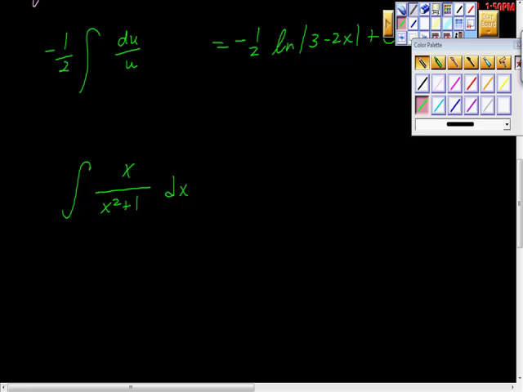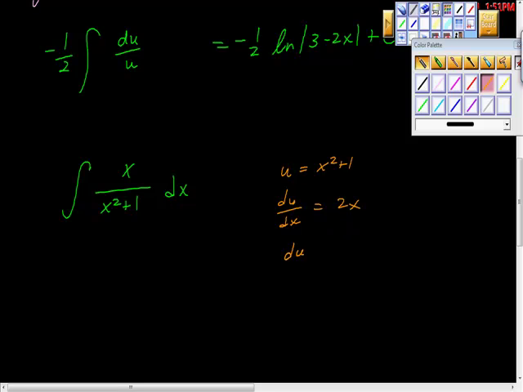I think this one's going to need u substitution here. So what are you going to substitute out? Yeah, u equals x squared plus 1, du dx is 2x. Can you go to dx from there? What is dx going to equal?